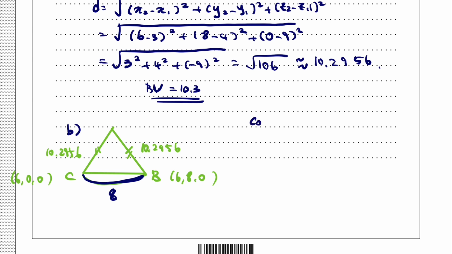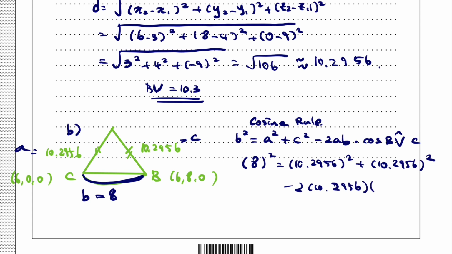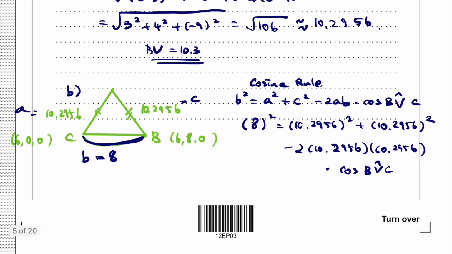Then I'm going to use the cosine rule for this case. We can do b squared equals a squared plus c squared minus 2ac times cosine B. Then we can do a squared, since I'm calling this as V. Okay, this is a, this is c. 8 squared equals 10.2956 squared plus 10.2956 squared minus 2 times 10.2956 times 10.2956 times cosine angle V. Then we can solve for this angle.